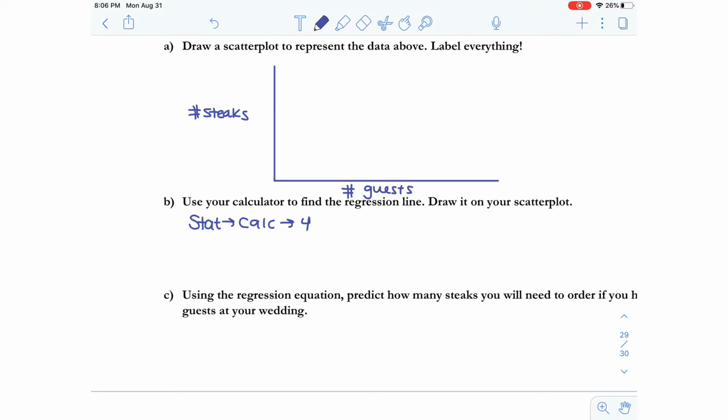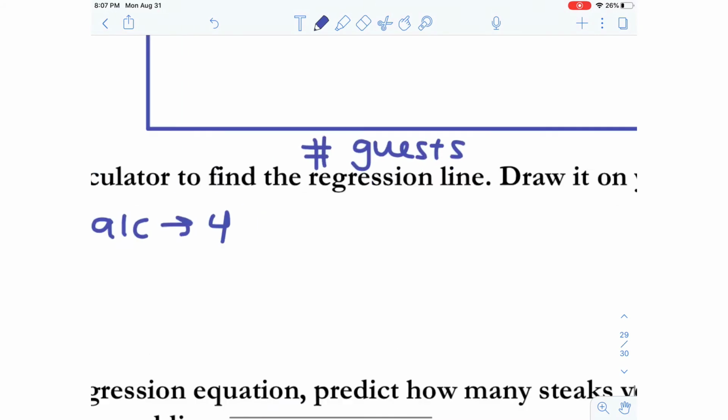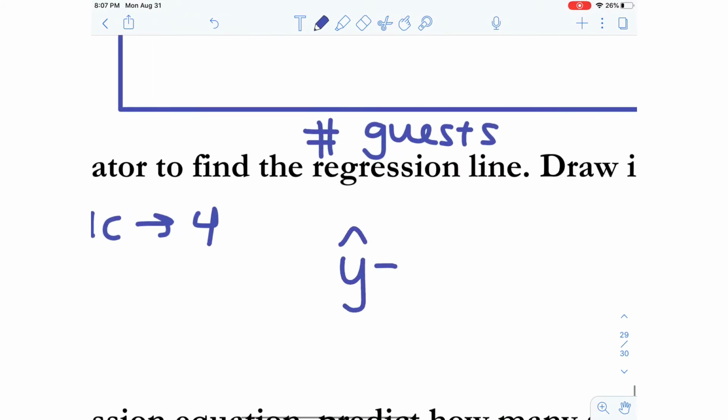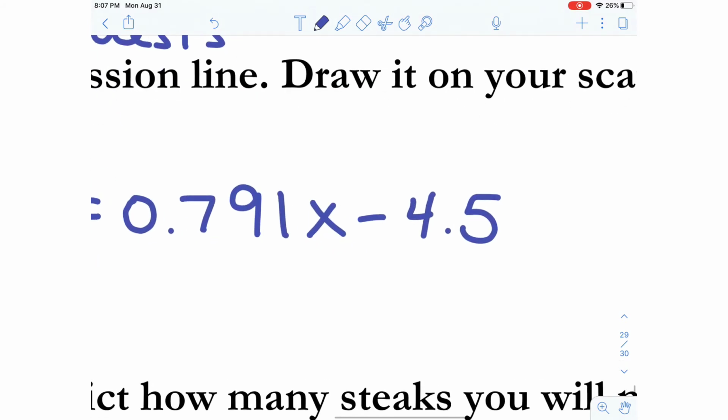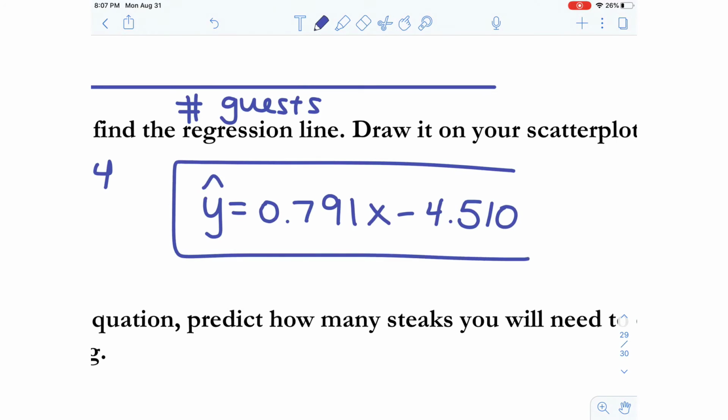It says write the equation of the regression line, so that's y hat equals 0.791x minus 4.510. I did round to 3 decimals. That's the equation of the regression line.